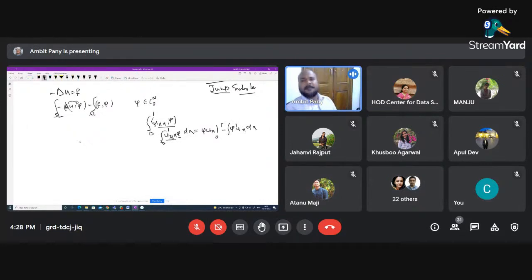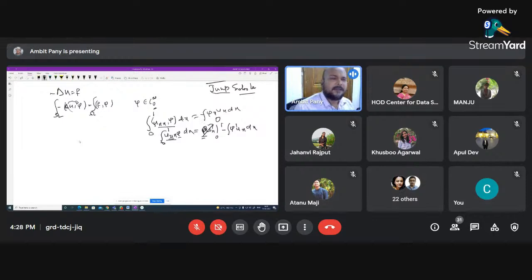Now if I have sufficient information about phi, that's why I'm putting 0 here. 0 means we can consider that it has compact support within the boundary. That means it will be 0 on the boundary. In that case, this term is going to vanish due to this phi. Now, instead of this, we can write that it is nothing else but phi x ux dx. So this is the idea.